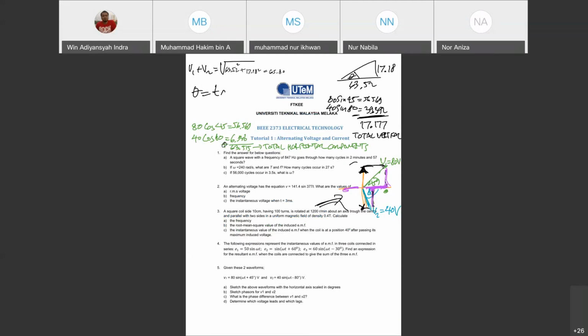The phase difference is the inverse tangent of 17.18 over 36.52. You will get around 25 degrees. This is the phase difference.